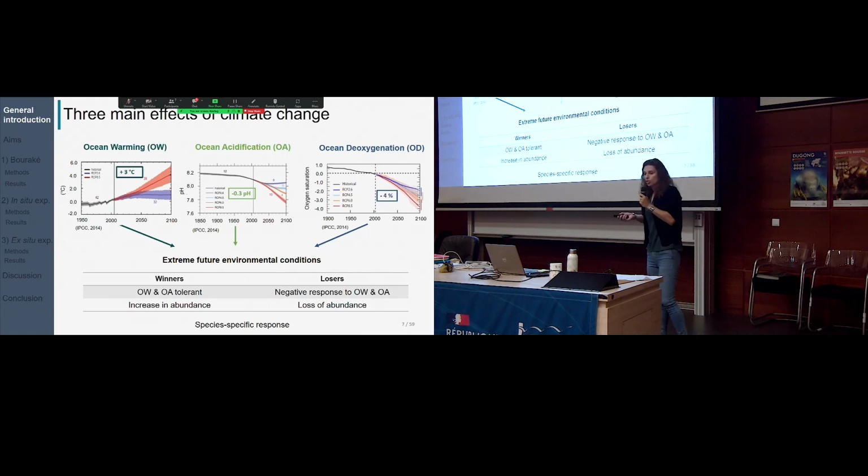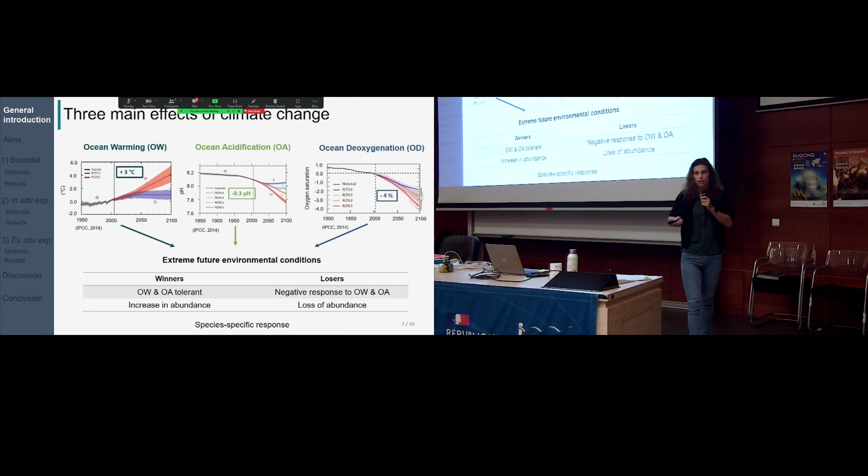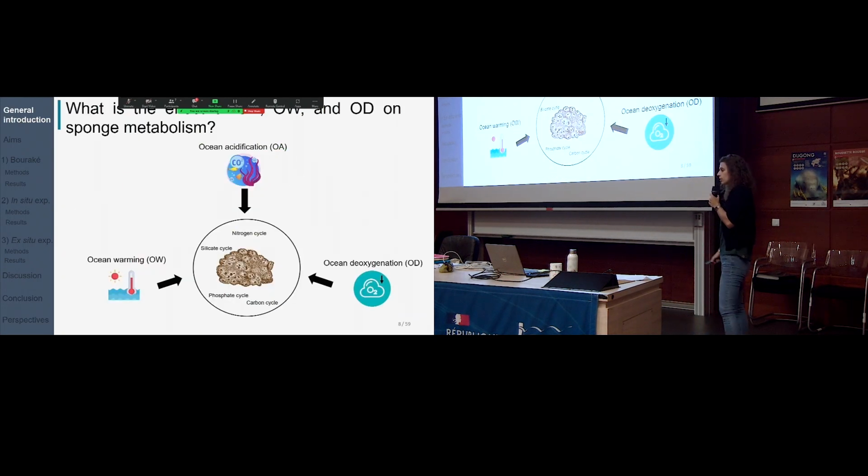So some sponges are more tolerant than others. However, few studies have investigated the effect of acidification, warming, and deoxygenation on sponge metabolism.